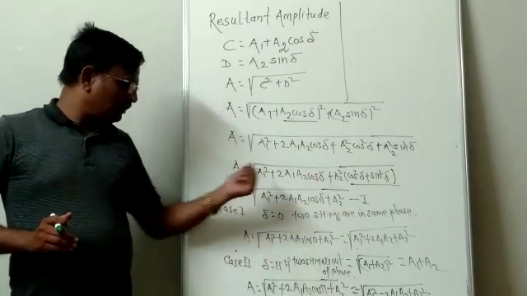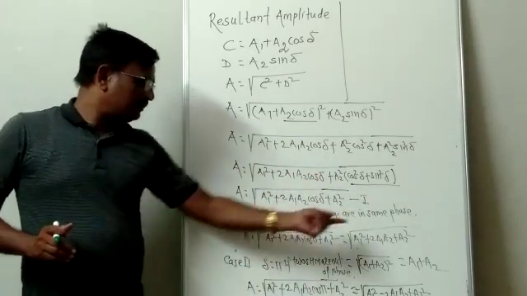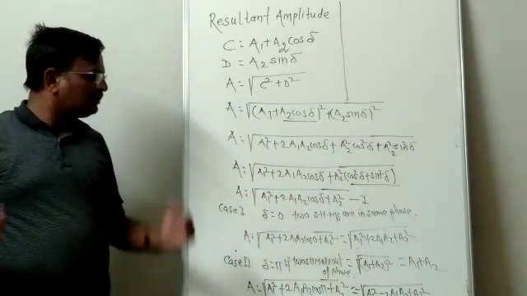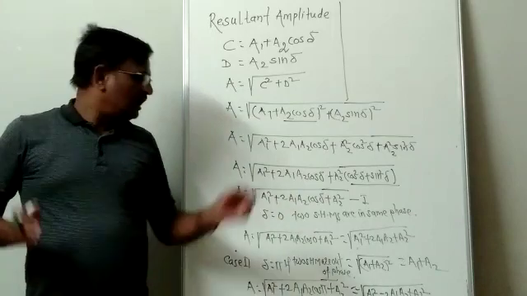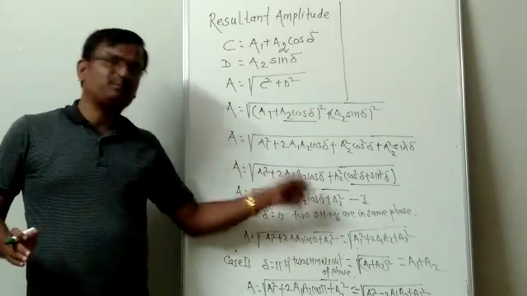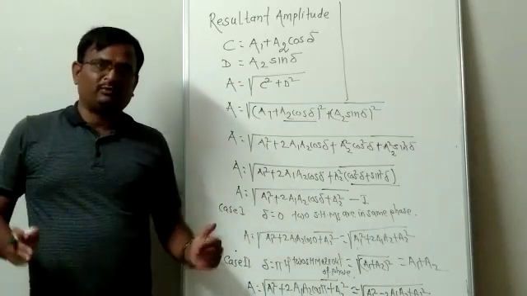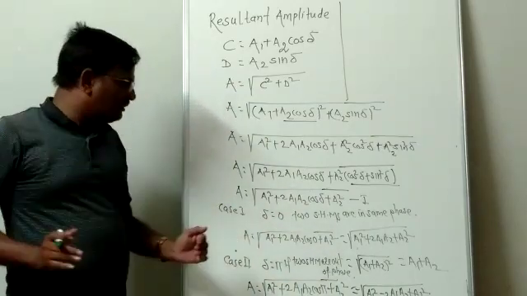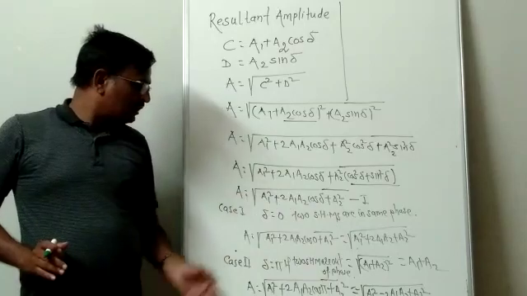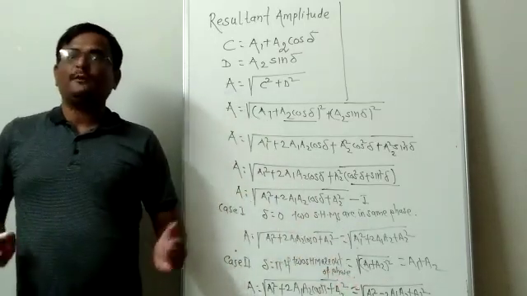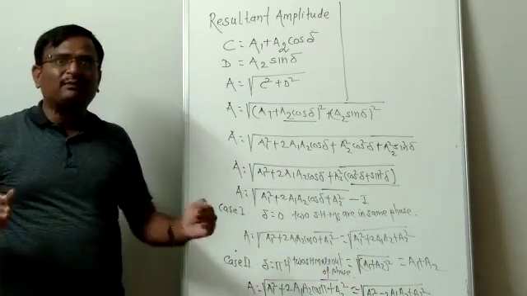After putting this value, we get A1 plus A2, which means two SHMs are in the same phase. After that I took delta equal to pi, which means two SHMs are out of phase. After putting the value of delta as pi, we get A1 minus A2, the minimum amplitude.